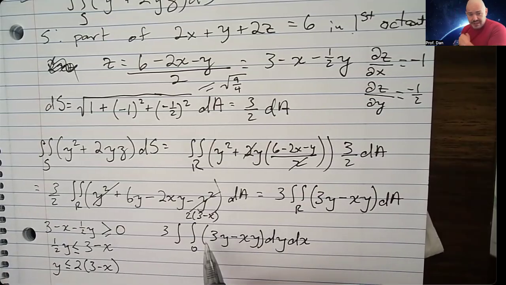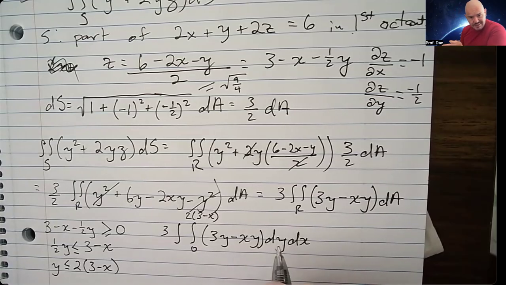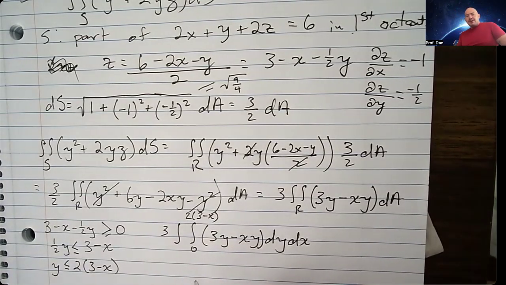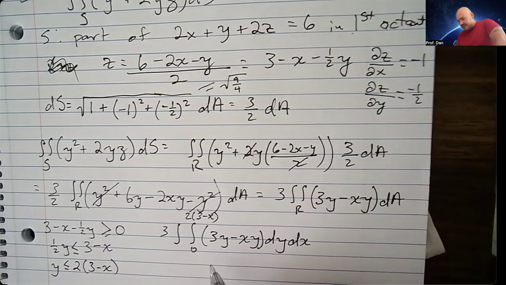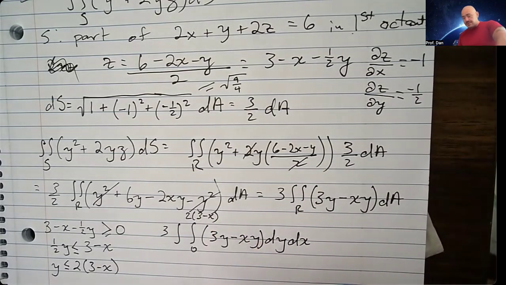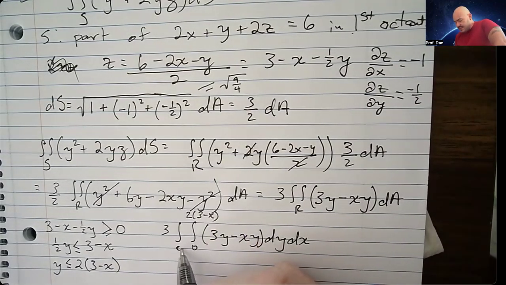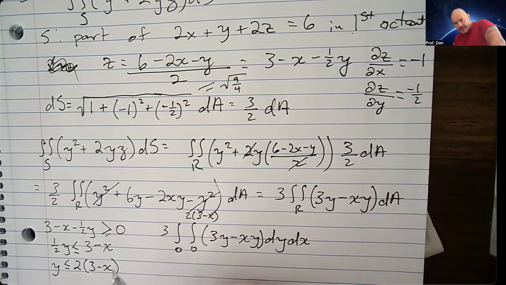Remember, if one of my bounds is in terms of x, then my differential cannot be dx. All right. Now I have to figure out what the possible values of x are. Again, because I know that we're going to stay in the first octant, I know that x has to be greater than 0.